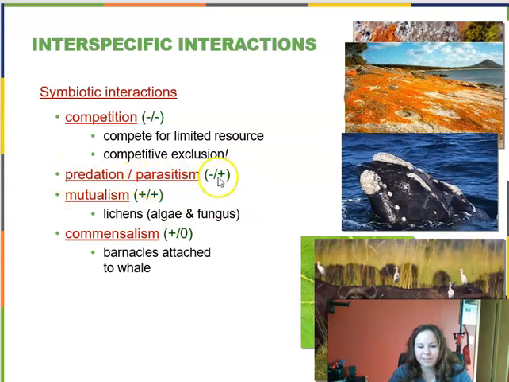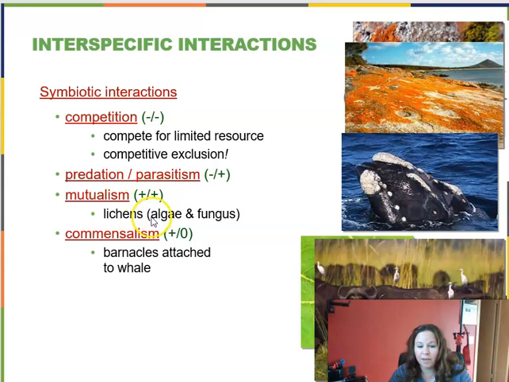With predation and parasitism, the host or prey will have the negative effect and the parasite or predator will benefit. Although there is a thought that with predation the prey does benefit in that the predator helps control their population and stop the numbers from getting too big, and so that'll stop the prey organisms from wrecking their environment or from disease becoming prominent.